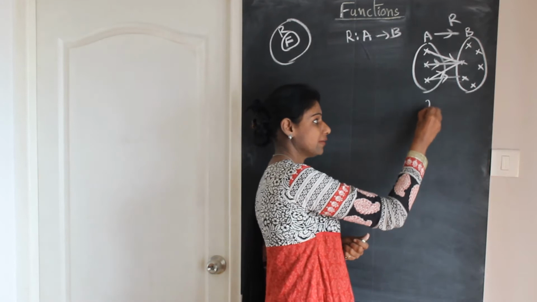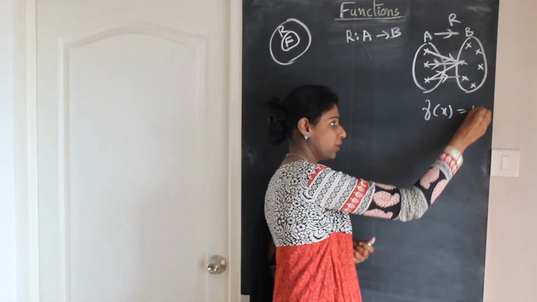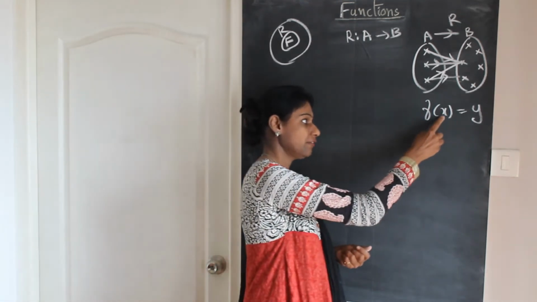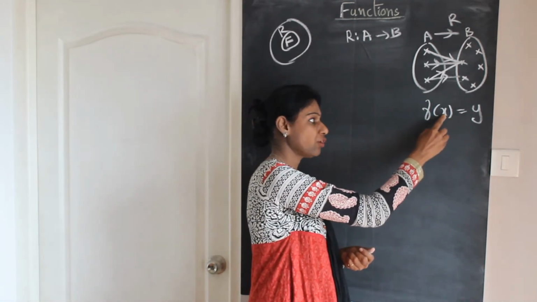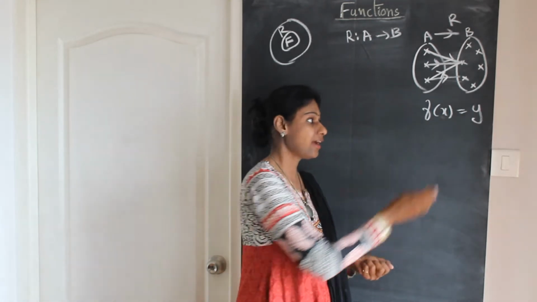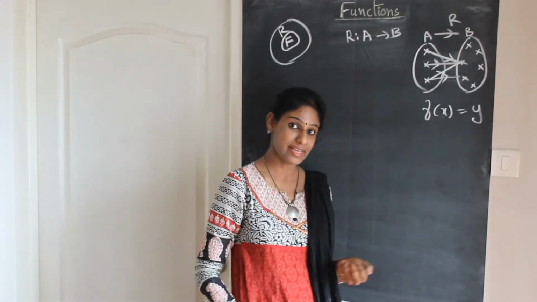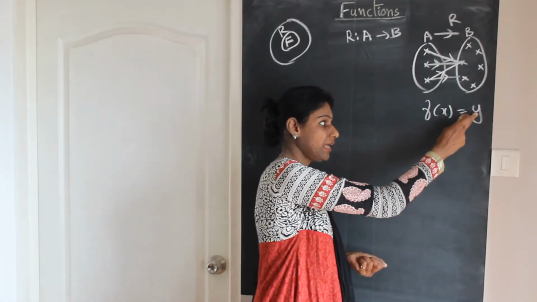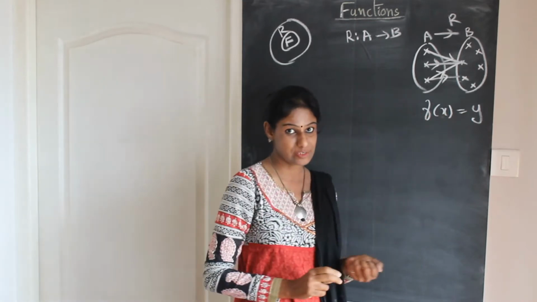Now when we write f of x is equal to y under a function f, then we say that the image of x is y and the pre-image of y is x.